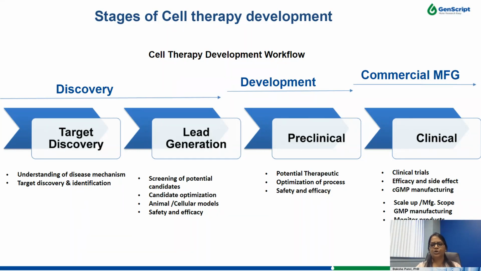Subsequently, lead optimization is required to determine the affinity of the cancer antigen and its cytotoxic effect. Finally, with validation and success in the preclinical trial, many such cell and gene therapies require GMP production.